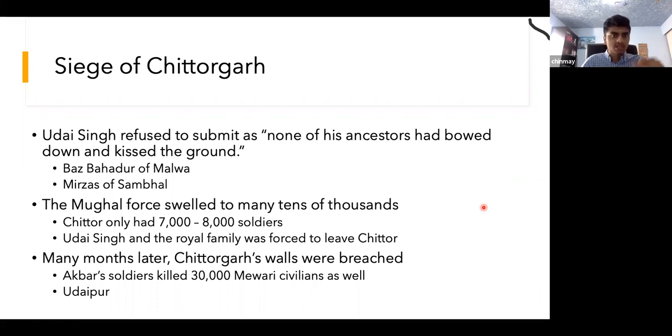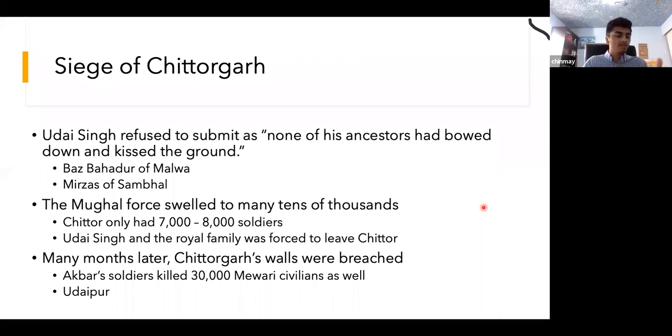So this was a very costly war for Akbar. Similarly, hundreds of years ago, when Alauddin Khilji invaded Chittorgarh, as legend says, for Padmavat, he also lost a lot of men, and that's why when he came back, he was barely able to defend against the Mongol invasions, because of the sheer size of the casualties he took in order to take Chittorgarh.